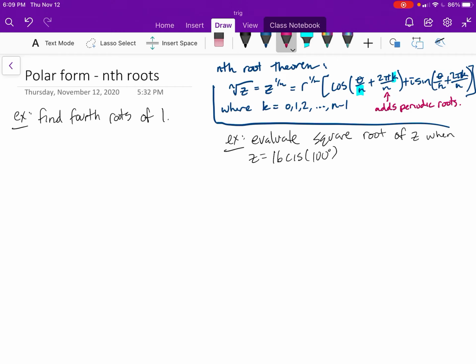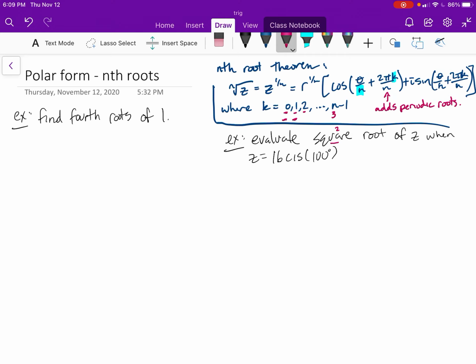So what that means is for this fourth root, I would plug in 0, 1, 2, and then 3, because 4 minus 1. If I'm doing a square root like the second example, I will only plug in 0 and 1, because the square root is a 2, and 2 minus 1 is 1.